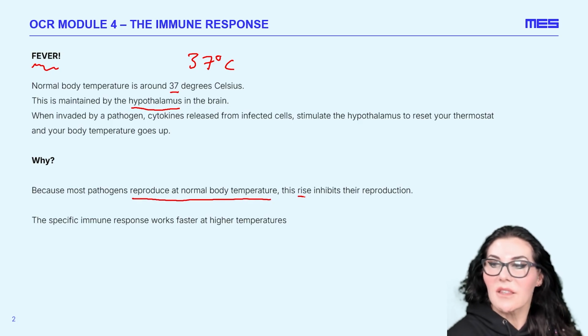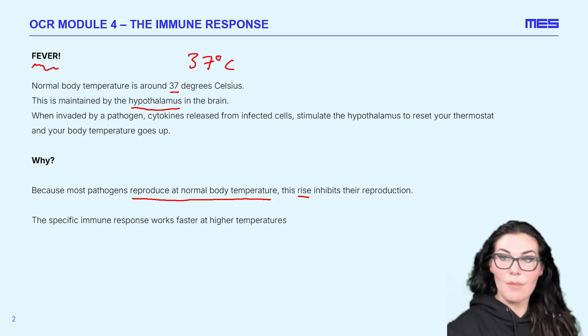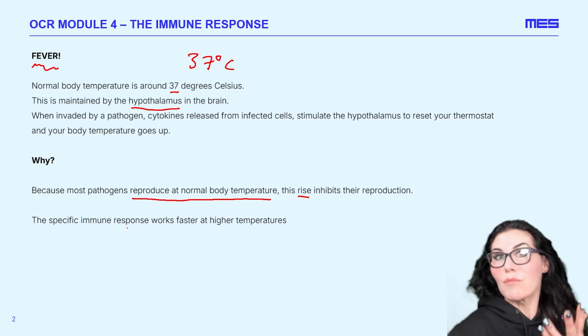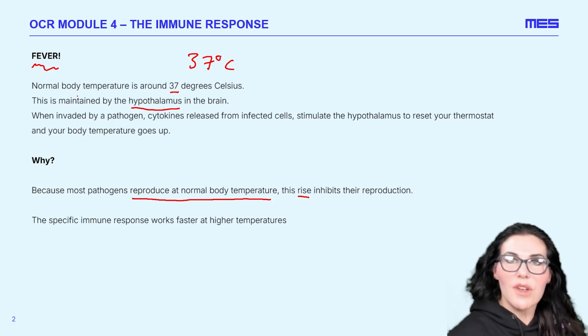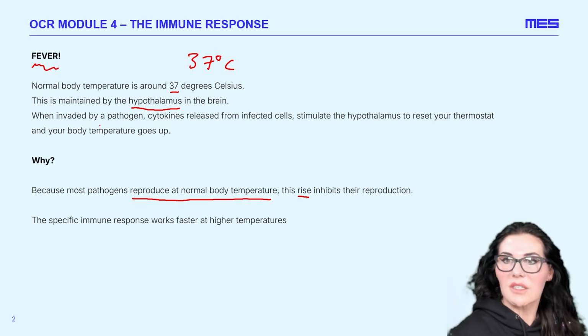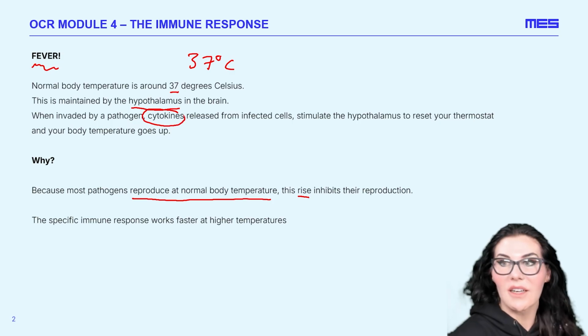So raising the body temperature slightly inhibits their reproduction, and at the same time, slightly higher temperatures of our body enable our immune response to work at a bit of a faster rate. The reason why the hypothalamus knows to increase your body temperature slightly is because of chemicals that we're going to talk about today called the cytokines.